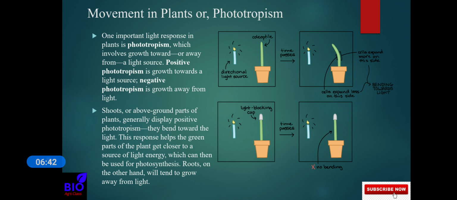What is phototropism? One important light response in plants is phototropism, which involves growth toward or away from a light source. Positive phototropism is growth towards the light source, and negative phototropism is growth away from the light. I've given two different diagrams that you can see on the right side of the screen.